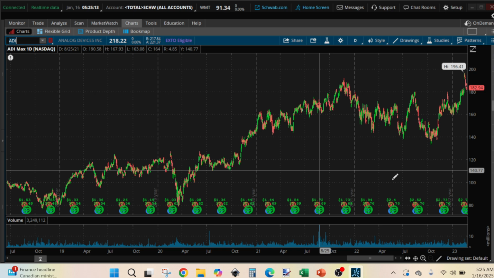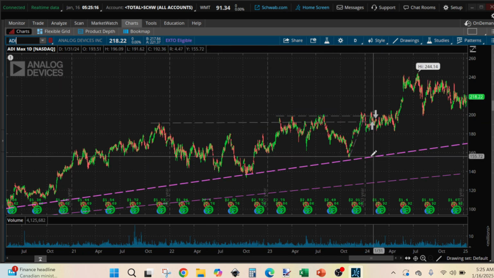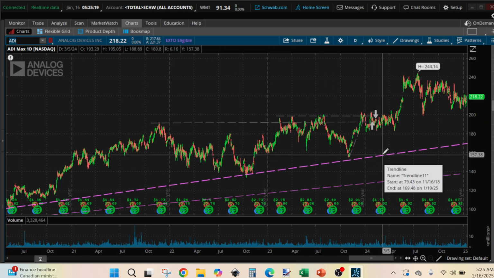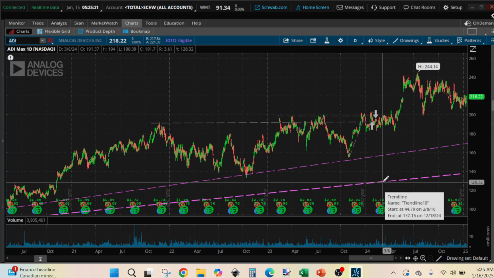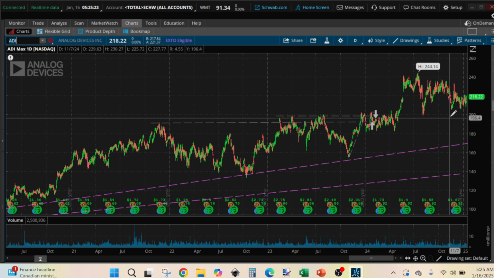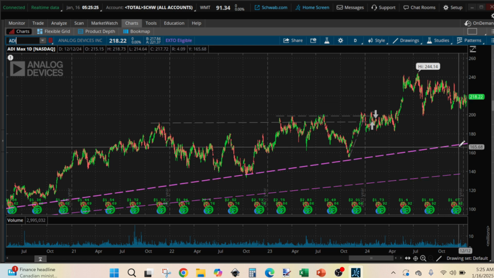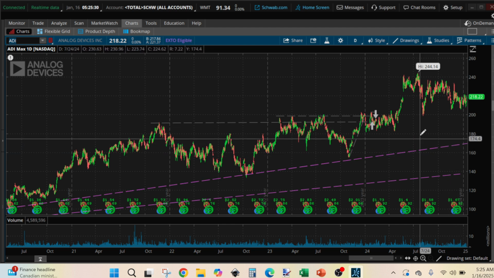In ADI, you can see our purple line. That is the uptrend line that we like to wait for the price to touch base with, and we are going to buy around that trend line. When we start seeing higher lows around that trend line, that's where we will buy at the first green bar after a pullback.